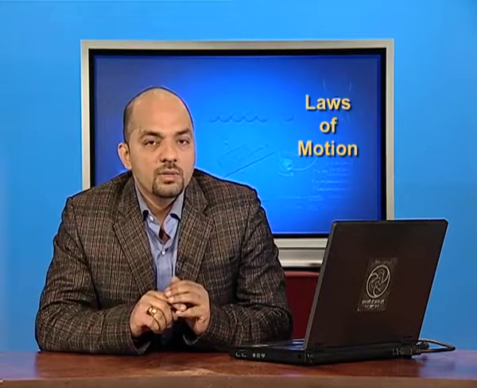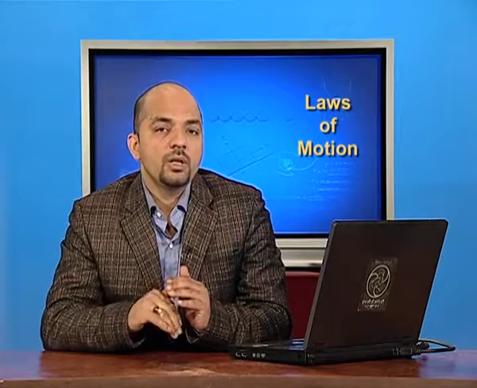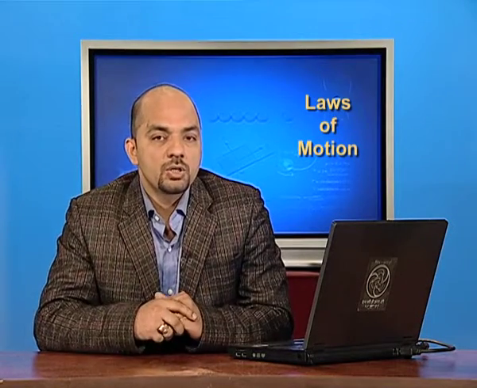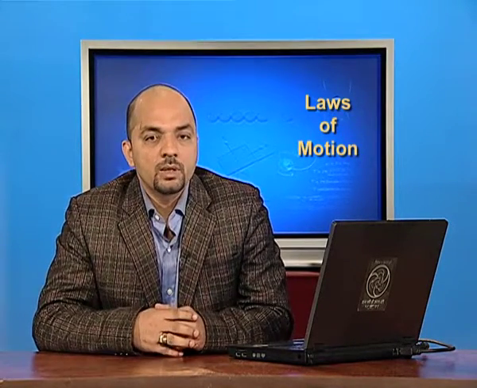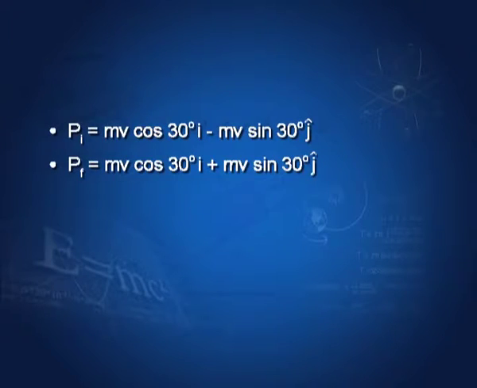As angle of incidence is 30 degree, on resolving linear momentum into its rectangular components, we get P initial equals mv cos 30 along i minus mv sin 30 along j. After collision, it bounces back at the same angle, so resolving linear momentum into its rectangular components, we get mv cos 30 degree along i plus mv sin 30 degree along j.